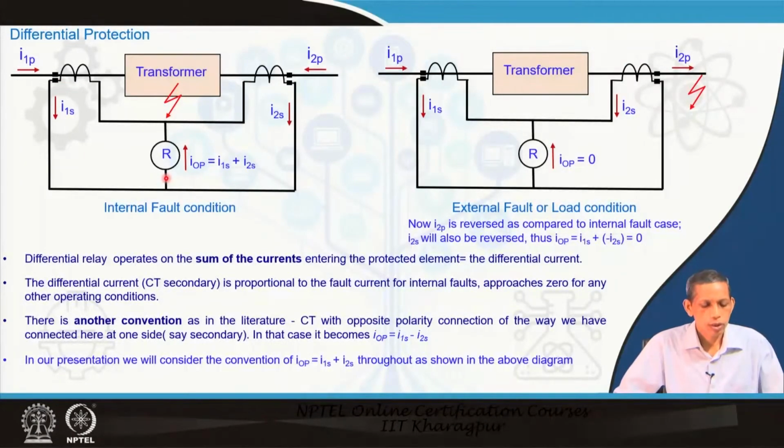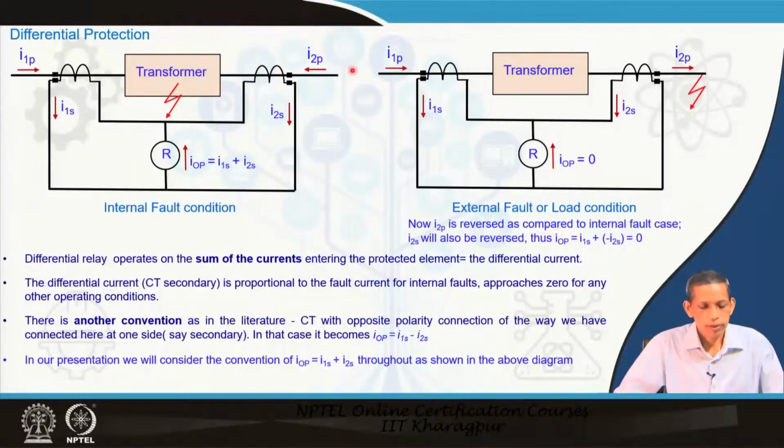Now, if you remember, for an internal fault, the current directions are into the transformer, taken as the conventional current philosophy in the last lecture also. So, the differential current, otherwise also called the operating current, becomes equal to I 1 S plus I 2 S.